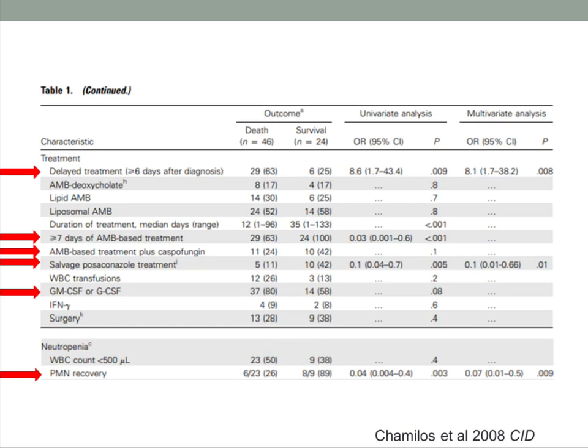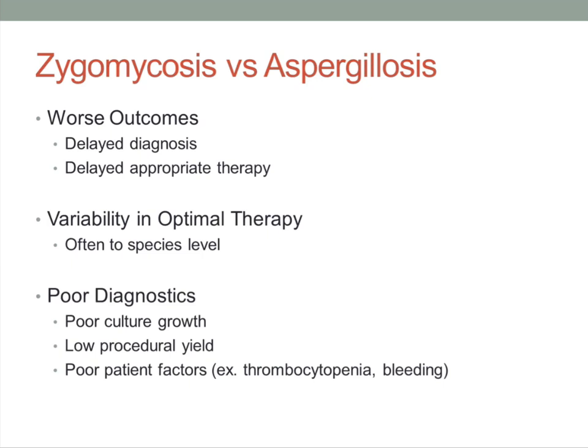But it is something where I try to get these patients on one of the two drugs as salvage therapy afterwards. Use of growth factor was not associated with improved outcomes in univariate analysis. And then, not surprisingly, neutrophil recovery is a benefit both in univariate and multivariate analysis.